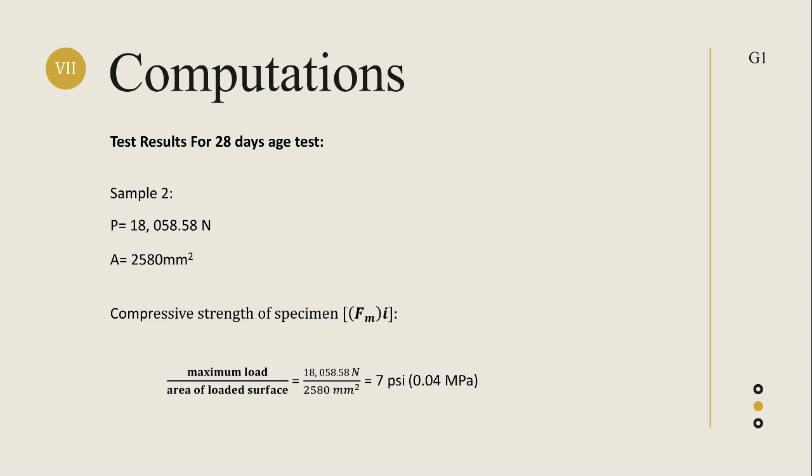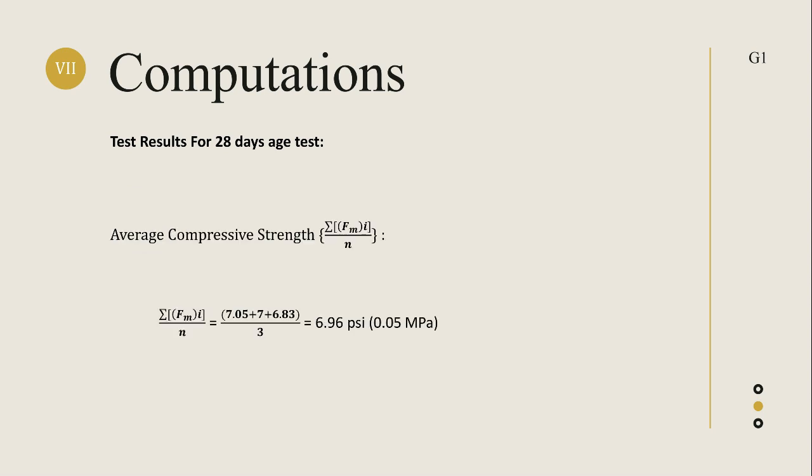On sample 2, using 18,058.58 newtons over 2,580 square millimeter, we get the value of 7 psi. And for sample 3, we use 17,610 newtons over 2,580 square millimeter, we get the value of 6.83 psi.